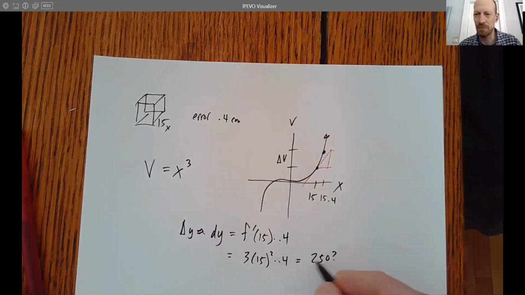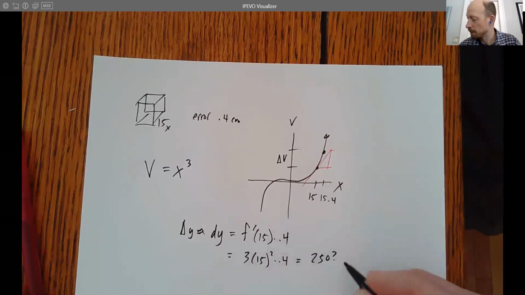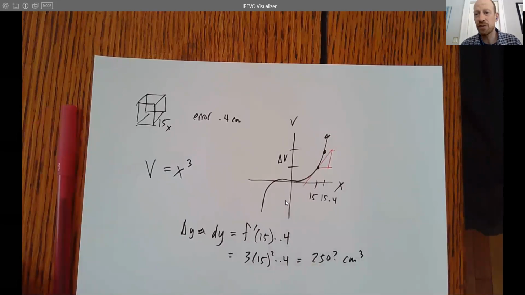Some number like that. And this is measured in, it turns out, centimeters. Cubic centimeters. So that feels like a big value to me.